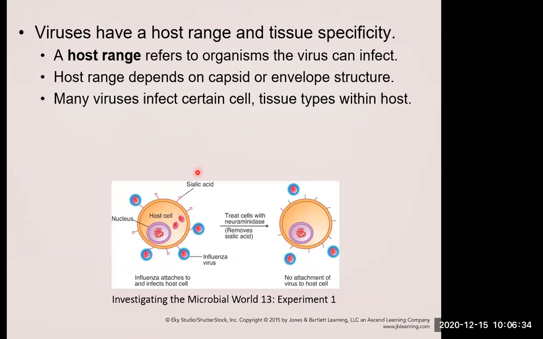And then this figure here shows just that. So if the influenza virus attaches to the outside of a host cell at an area called sialic acid, if you remove the sialic acid, the virus can't attach. If it can't attach, it can't get in. So we can experimentally show how this happens.